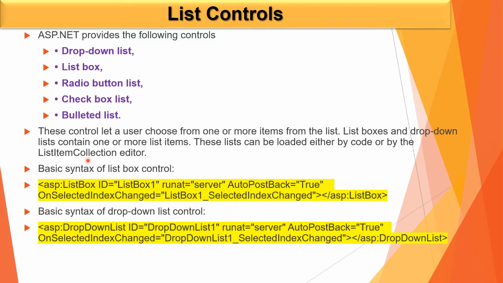So these two controls are used for lists which take a number of data items in our program. Sometimes in our applications we require a number of list items, and those items will be used for further calculation, further definition, or further data that will be used for decision making or any type of checking.